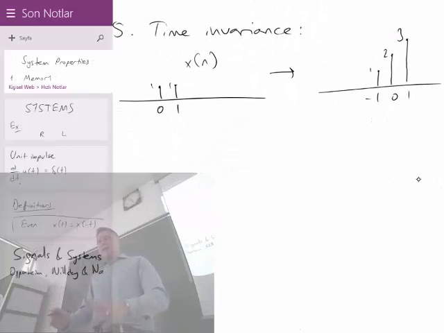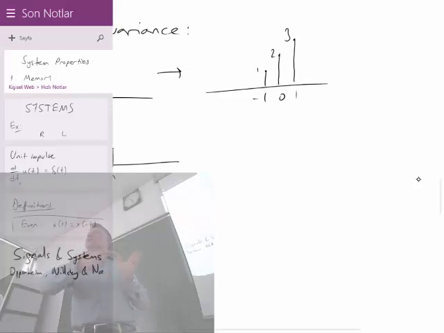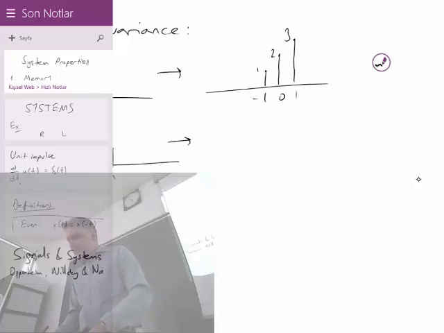If the system behaves like this, suppose that we shift the input to here, at 3 it is 1, and at 4 it is 1. What does it correspond to? It corresponds to a shift of the input to the right by an amount of 3. The output should be shifted to the right by an amount of 3. Exactly the same. That means it is time invariant.